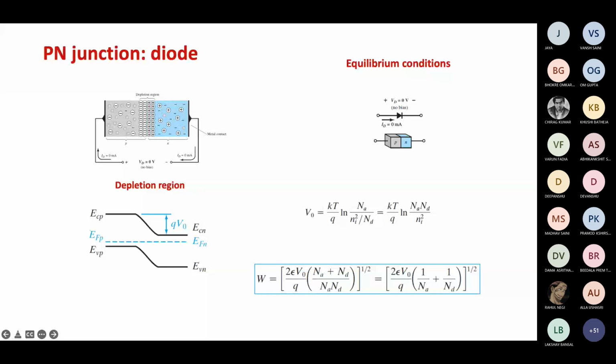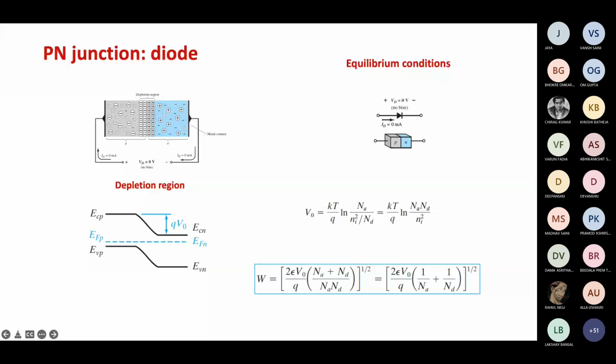The notion of Fermi level comes from statistics, so please don't worry if you don't know where it is coming from. But for the moment, let's just assume that there is a Fermi level in the system.